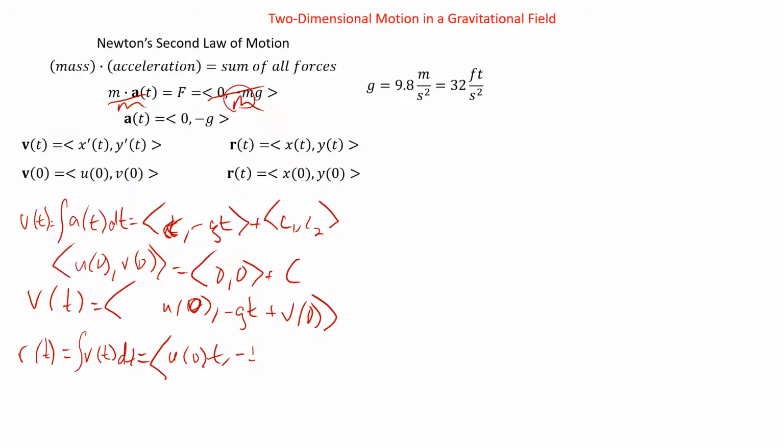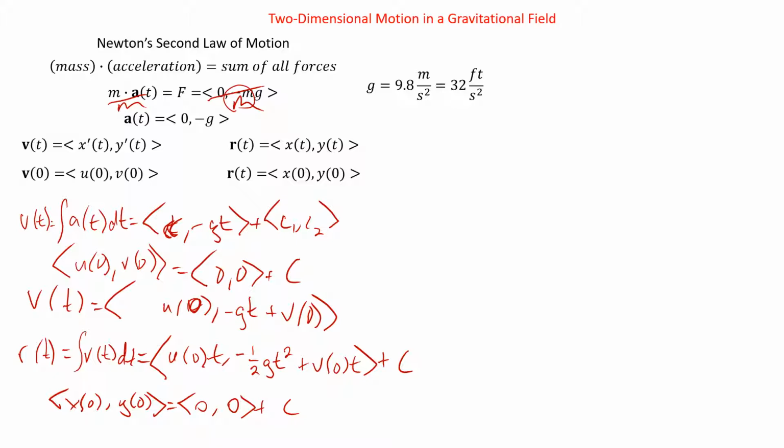So we get negative 1/2 g of t squared plus v of 0 t, and then plus c. If we plug in 0, we'll get x of 0, y of 0. So we have x of 0, comma, y of 0 will equal, let's see, if t is 0, that's going to be 0, comma, t is 0, that's also 0, plus c, so c equals x0, y0.